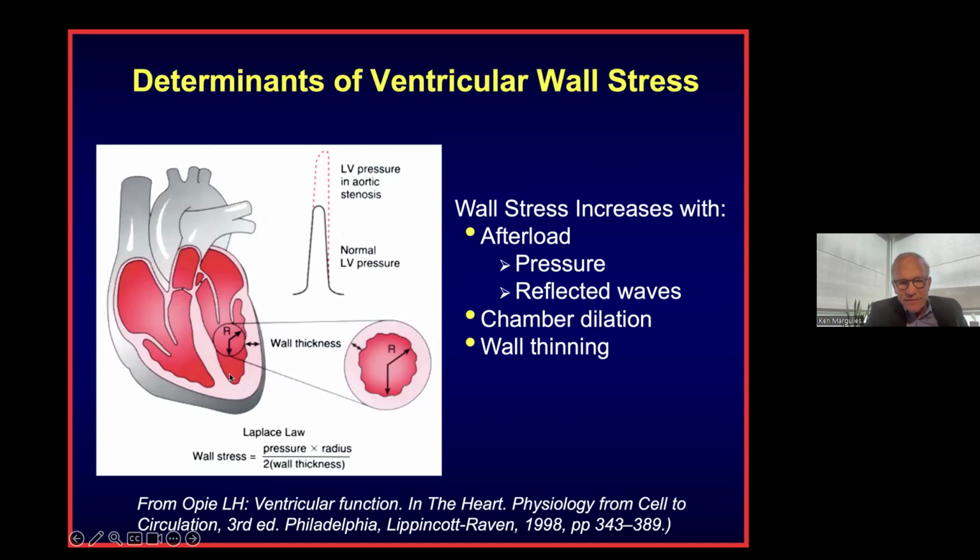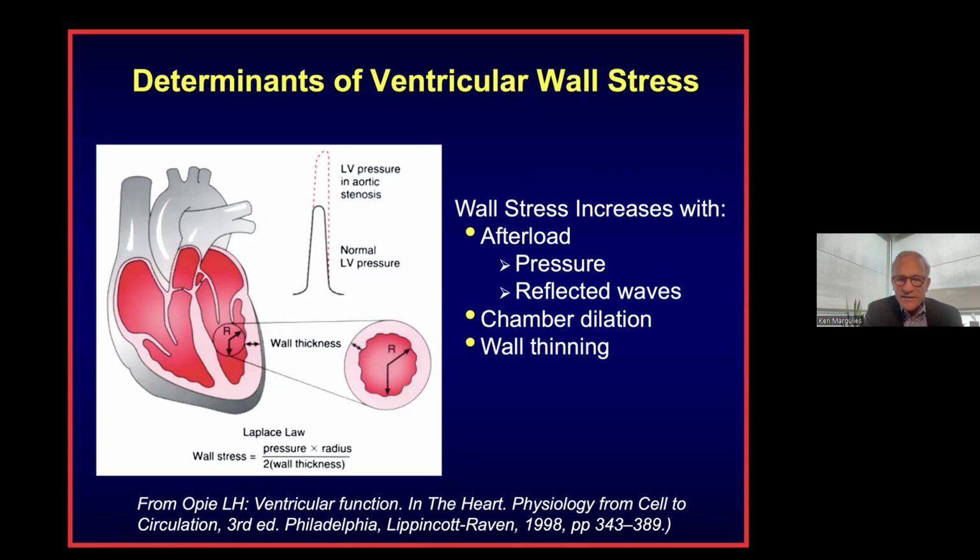And if the ventricular wall thins at the same time, either as a result of myocardial infarction or just distending forces or cellular dropout, then that wall thickness is part of the denominator of wall stress. And so if the ventricular wall thins, that actually makes for higher afterload and increased ventricular wall stress.